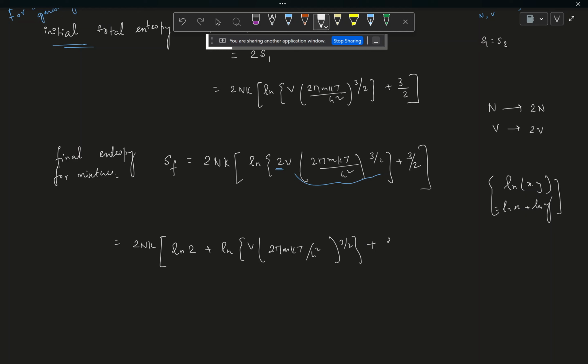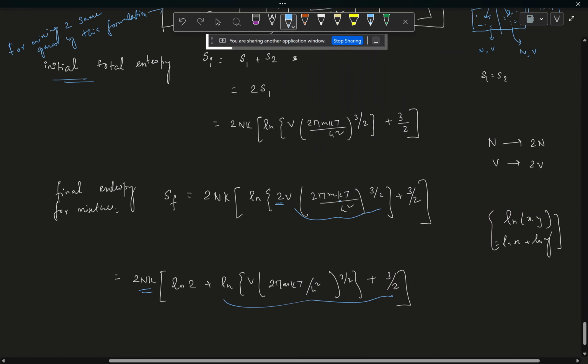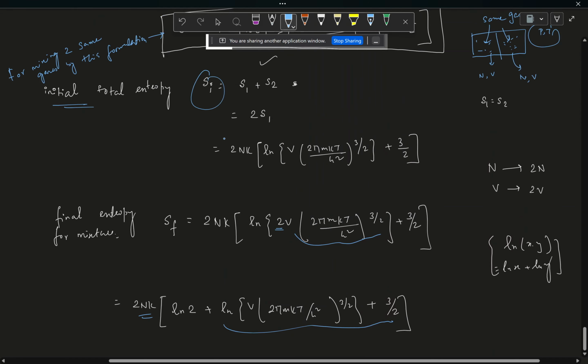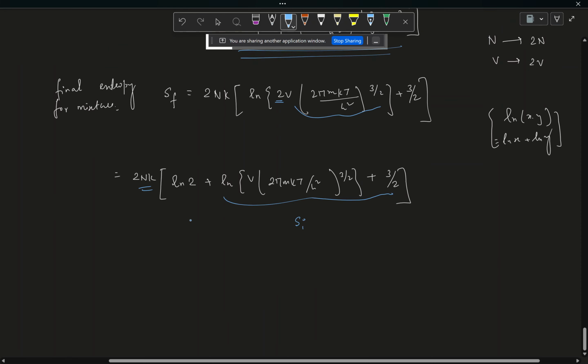So if you look carefully, this term multiplied with the rest of the terms is giving you nothing but your S initial, because that is the same expression as S initial, right?